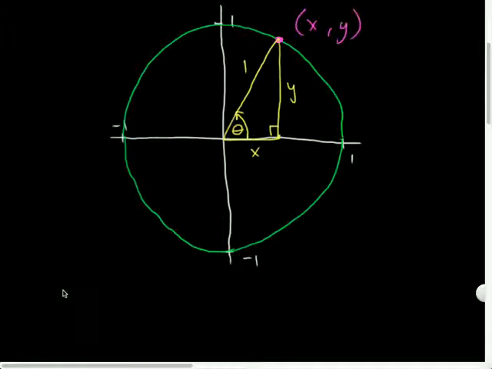For instance, sine of theta would equal, well, sine is the opposite over the hypotenuse, so the opposite is the y, the hypotenuse is the 1. So sine of theta is going to just equal y over 1, which is just y. And what is the value of cosine of theta?